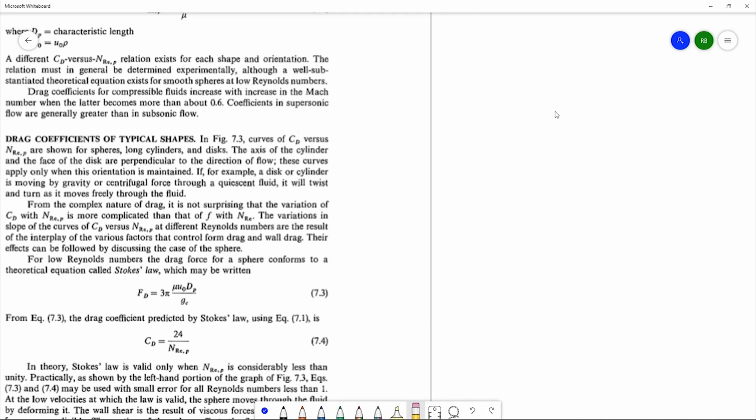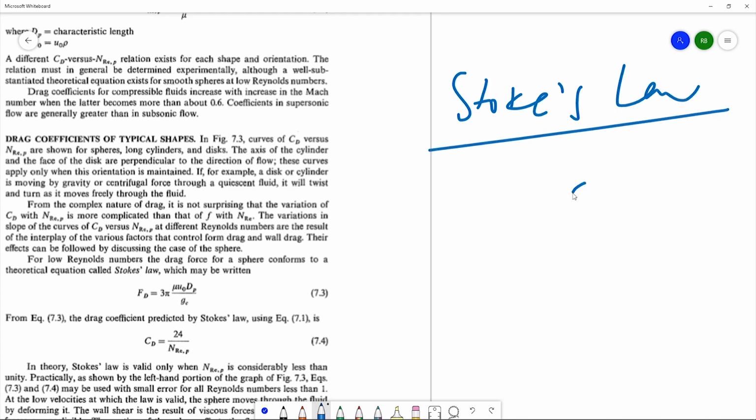So let's consider Stokes law. Let's say I have a sphere.